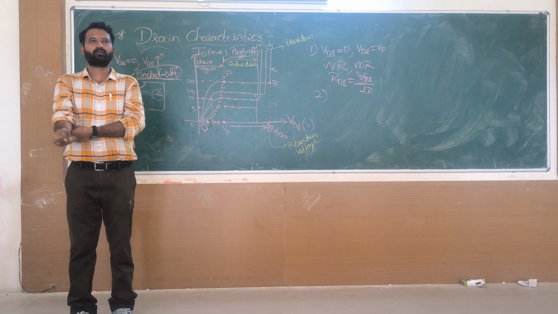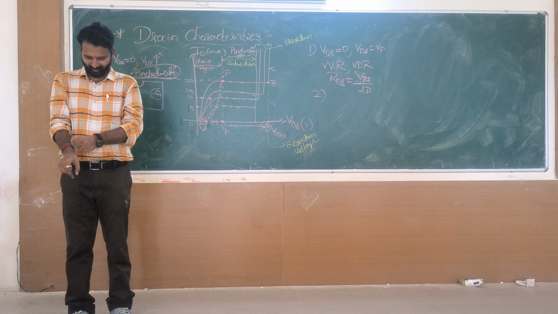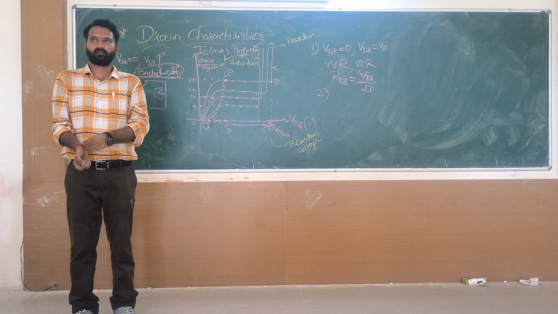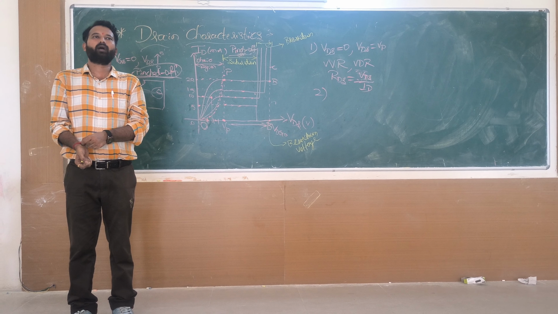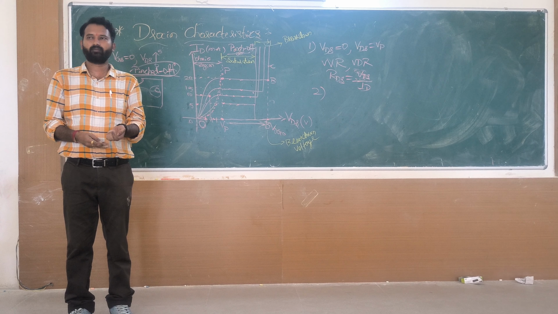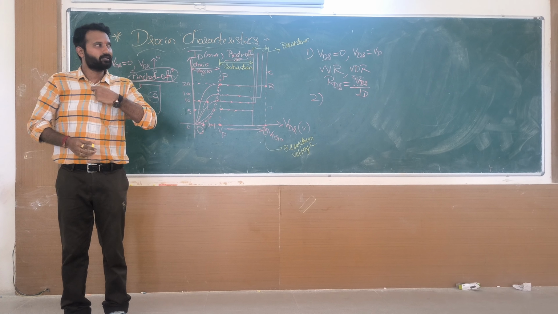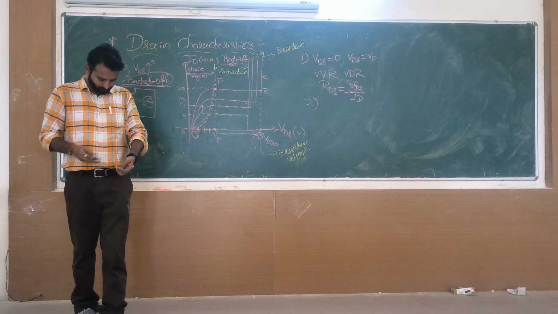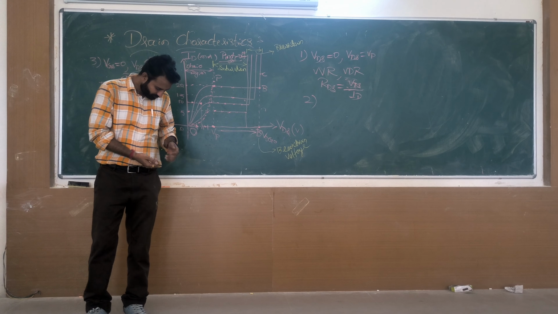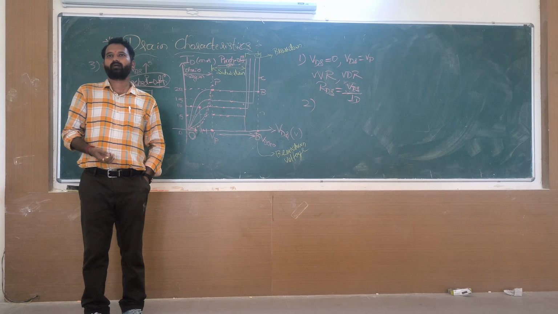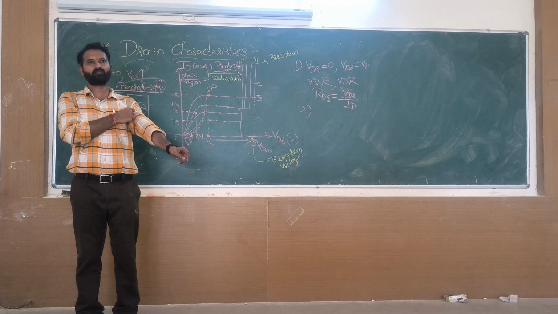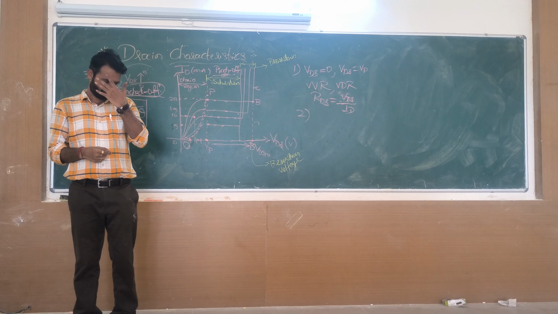Very long back, in the olden days, I explained to you how breakdown occurs in the PN junction diode. Can anybody recall how breakdown occurs, and why we call it breakdown voltage?